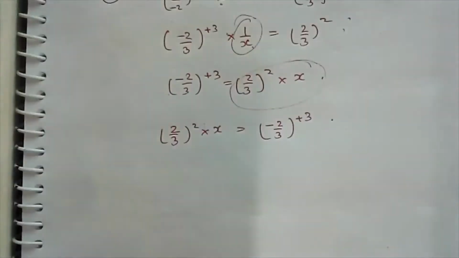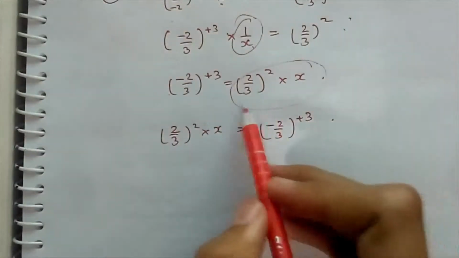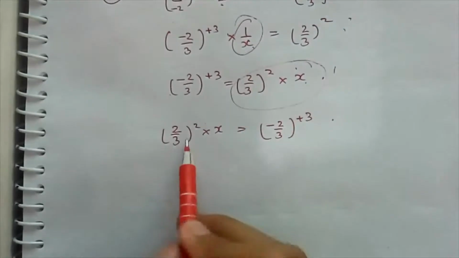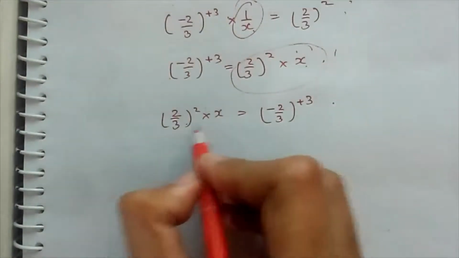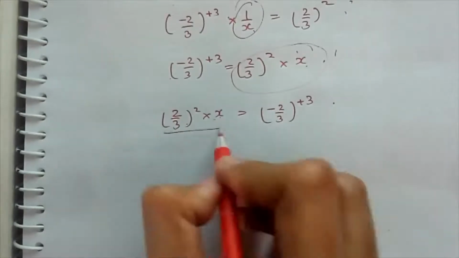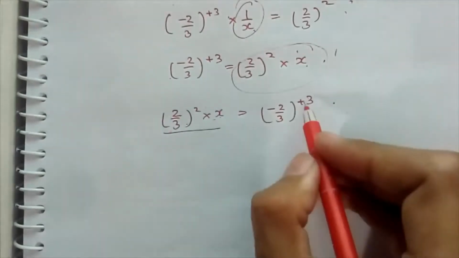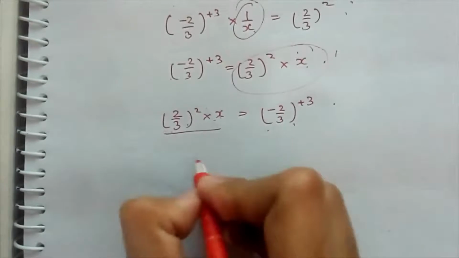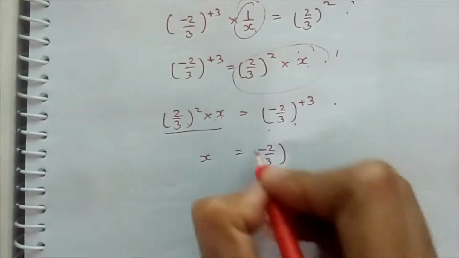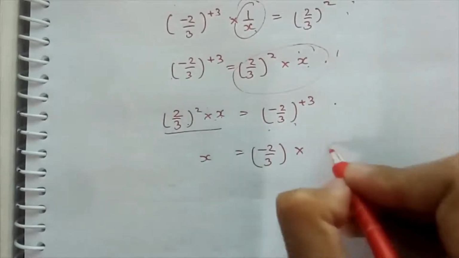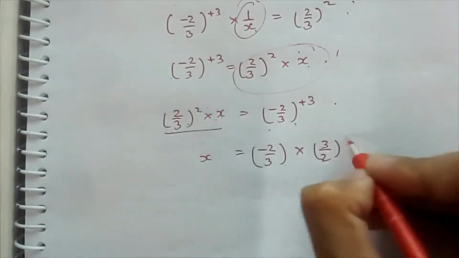Simply we just transfer the term of x to the left hand side, so it will be easy for us to understand. So now the x term is on the left hand side and the constant terms are on the right hand side. So x is equal to minus 2 by 3 into 3 by 2 whole to the power 2.